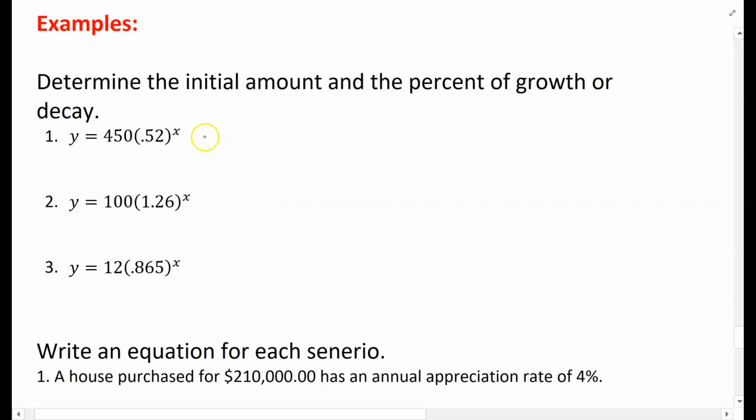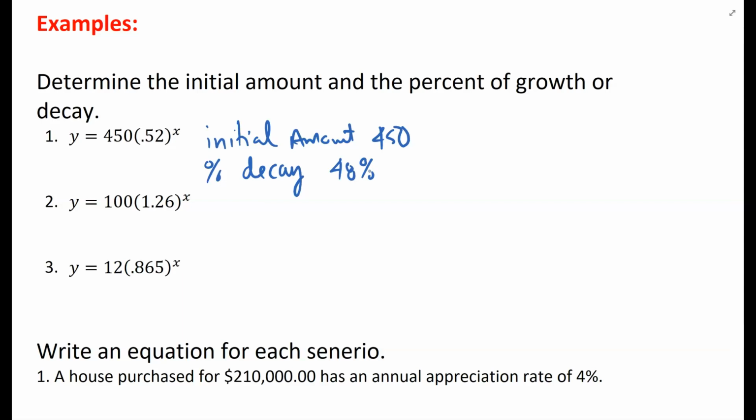So the initial amount would be 450, and the percent decay would be 48%. I know it's decay because 0.52 is less than 1, and if we take 1 minus 0.52, we get 0.48, which is 48%.